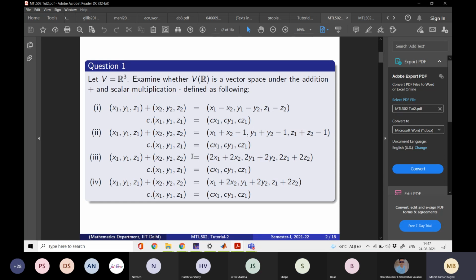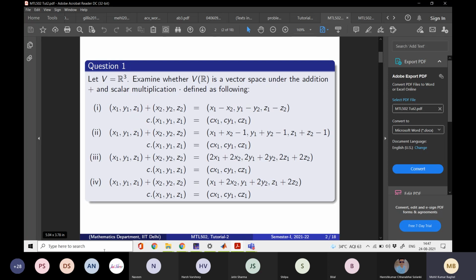With scalar multiplication there are four properties. First, the multiplicative identity: 1 into x equals x for every x in V. Another is that if C1 and C2 are two scalars, then (C1 C2)x equals C1 times (C2 x) for every x in V. The third property is C times (x plus y) equals Cx plus Cy; basically the scalar multiplication goes inside and then it is the sum.